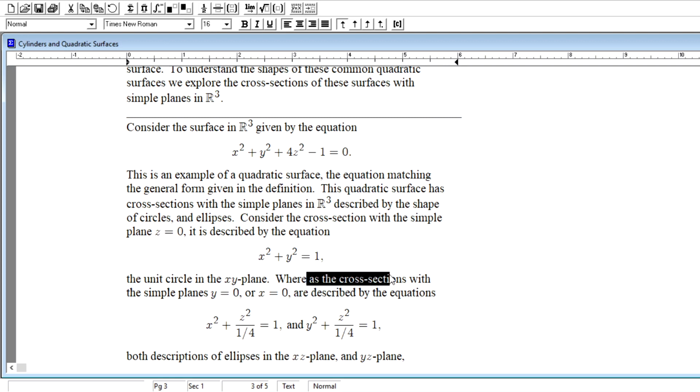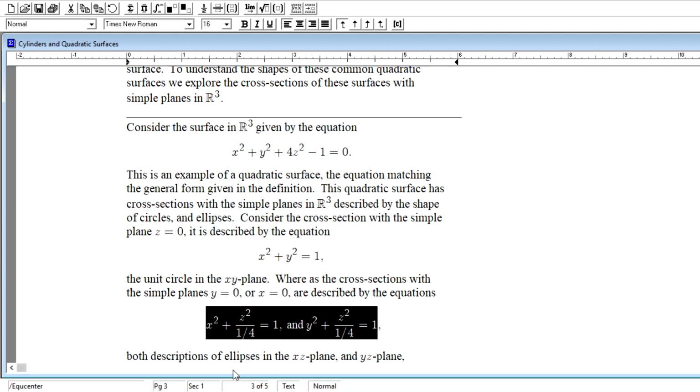If we intersect this equation with some other simple planes like y equals 0 or x equals 0, right? If I make x equal to 0 or y equal to 0, I'm going to see some very similar looking equations, right?